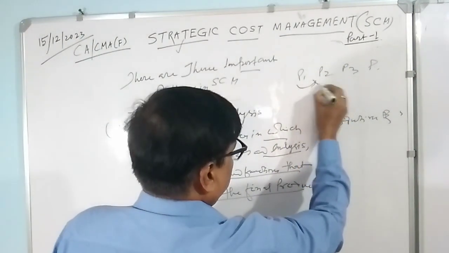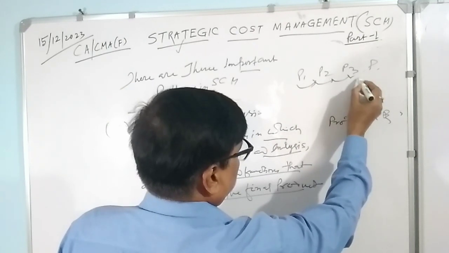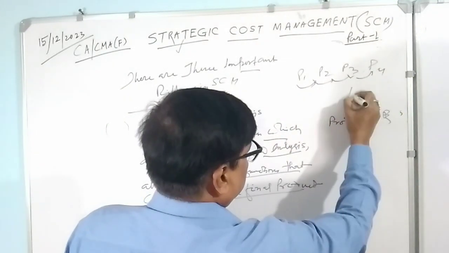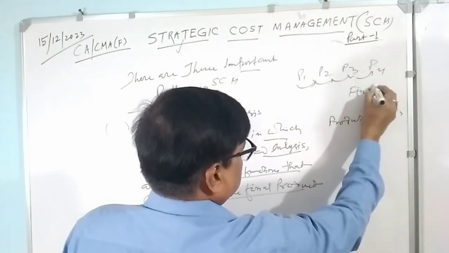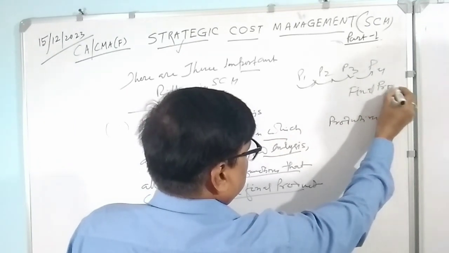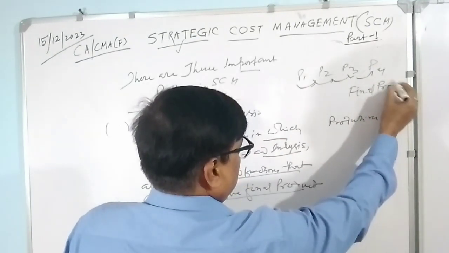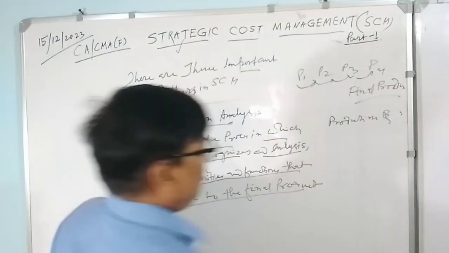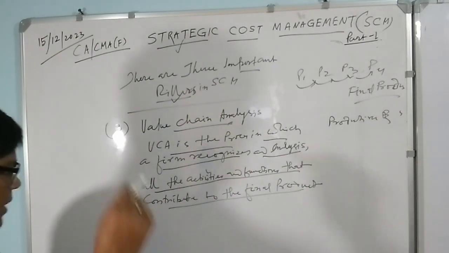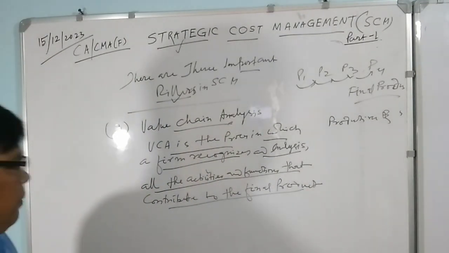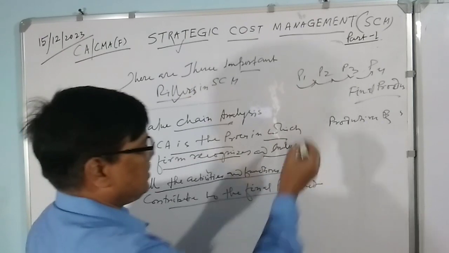This way your production process moves to get the final product. You understand that the final product in a process industry cannot come in one go, so it will go through different processes, different activities and functions.